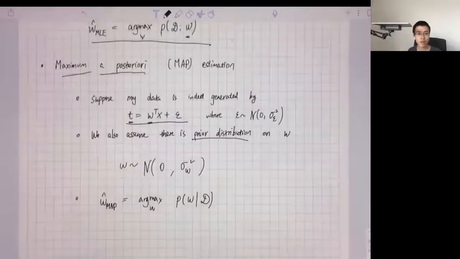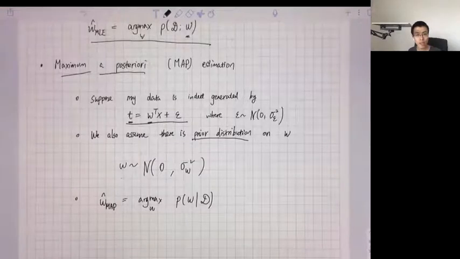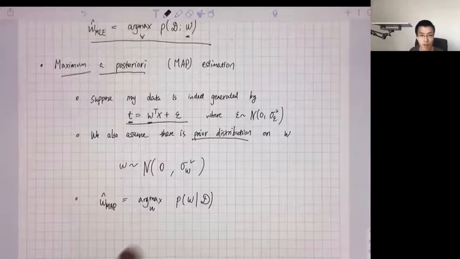But the maximum a posteriori estimate says, my training data is fixed, so I don't care about my training data. I only care about my W, right? I only care about the probability of my W, and I will choose such W that is most likely with this observation, with this training data. So this is the philosophy of maximum a posteriori estimation.